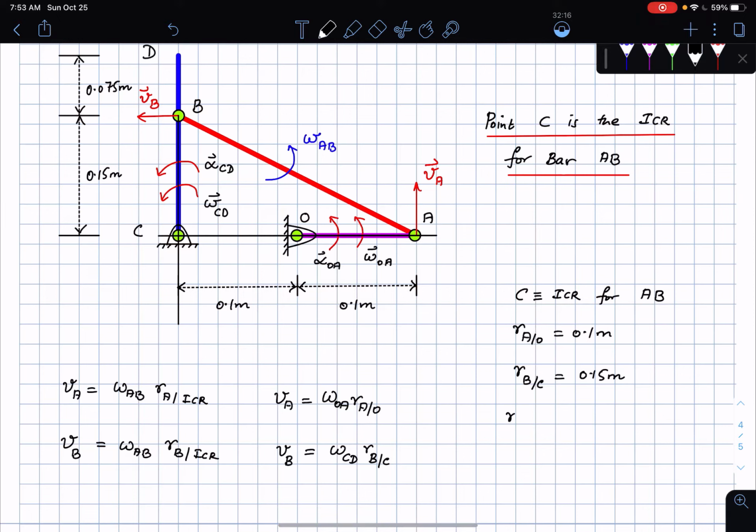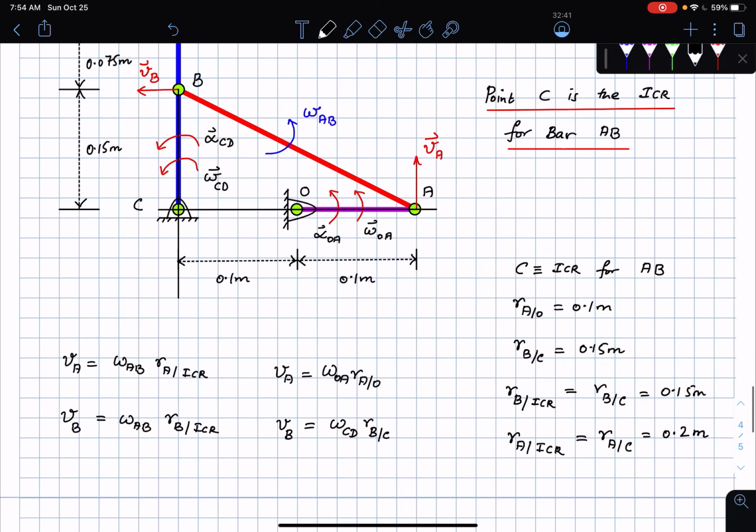So which means that RB/ICR is going to be the same as RB/C, which is of course 0.15 meters, and RA/ICR is the distance from point C to point A, which is going to be RA/C, which is 0.1 plus 0.1 or 0.2 meters. I hope this is obvious to everybody here.